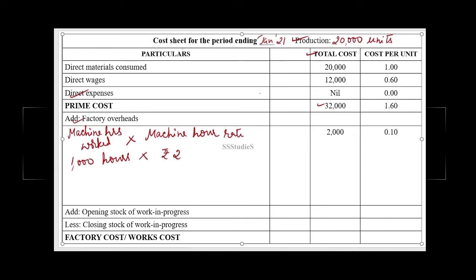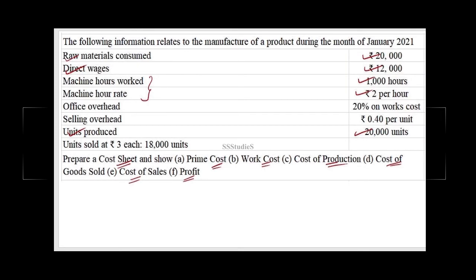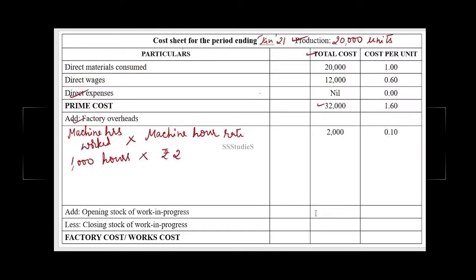Next, we need to add opening stock of work in progress and closing stock of work in progress. Both pieces of information are not available in the problem. As such, it is nil. So works cost will be prime cost, that is 32,000 plus 2,000. So that comes to 34,000.